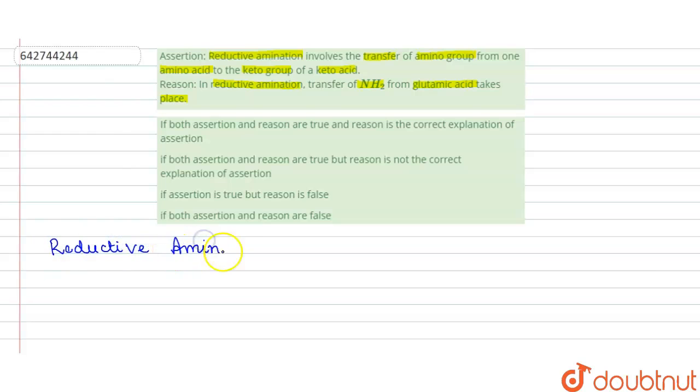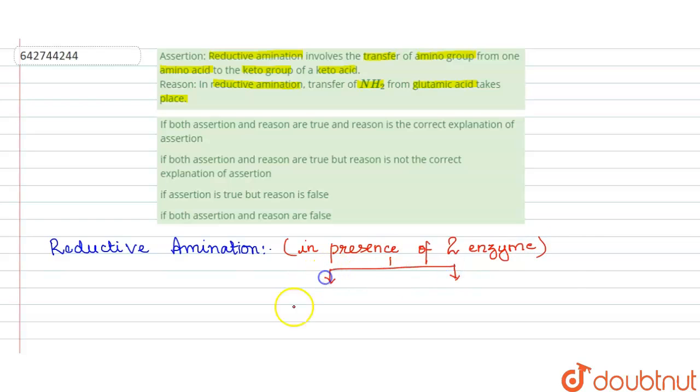So the reductive amination is basically done in the presence of two enzymes, one is basically a coenzyme, reduced coenzyme, better say, NADH or NADPH, let us say NADH.